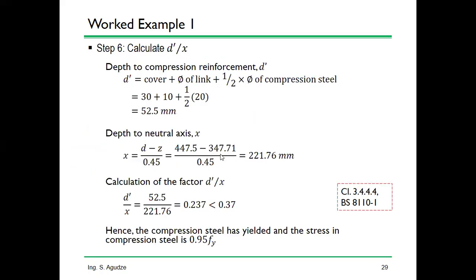So step 6, you calculate D prime over X. But in first calculating the D prime over X, as I indicated, you have to assume again, we don't have the compression steel. So reasonably, we assume, okay? We don't have the compression steel. And it's from here to here, which is the D prime.